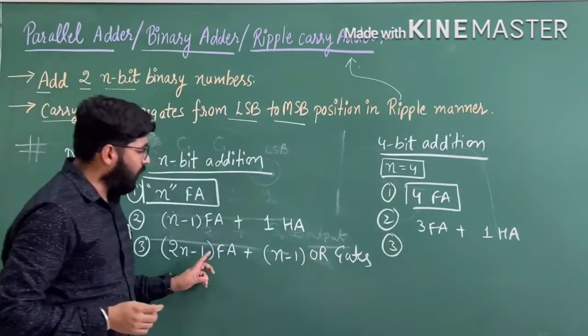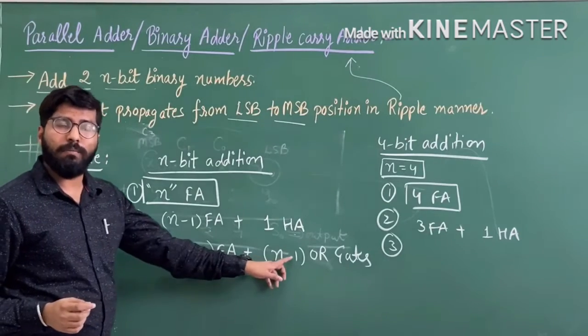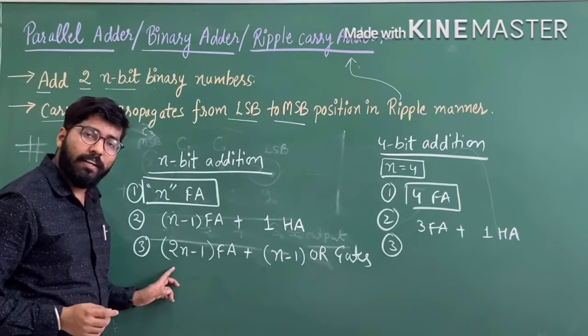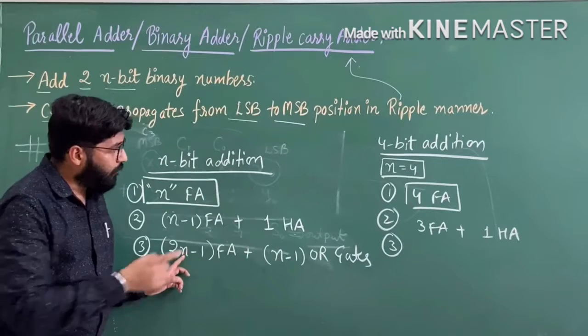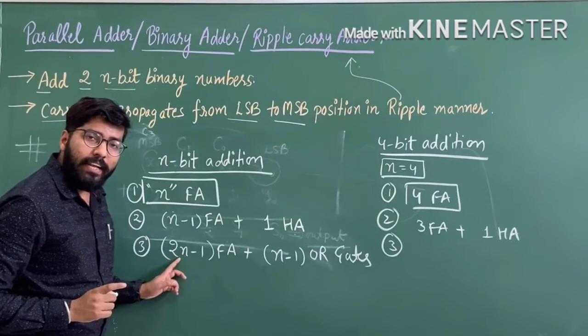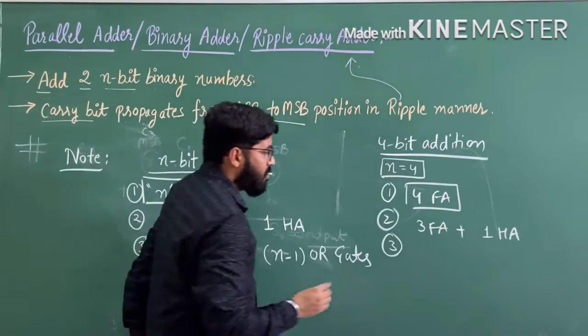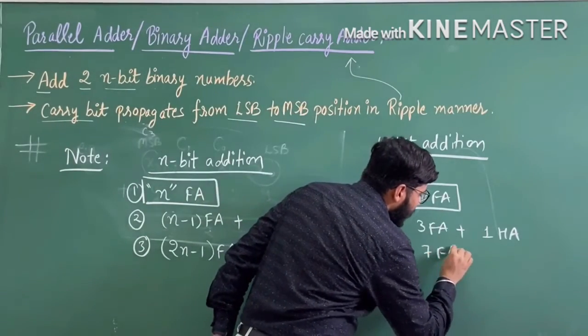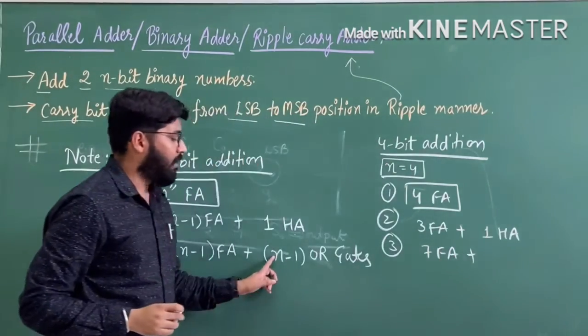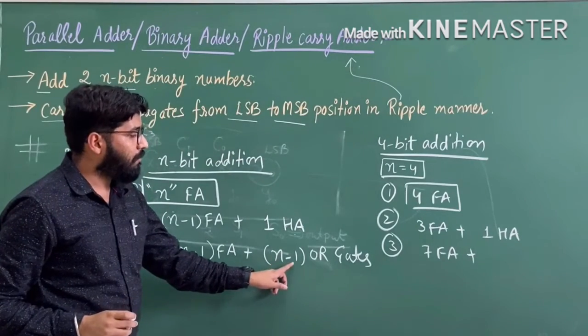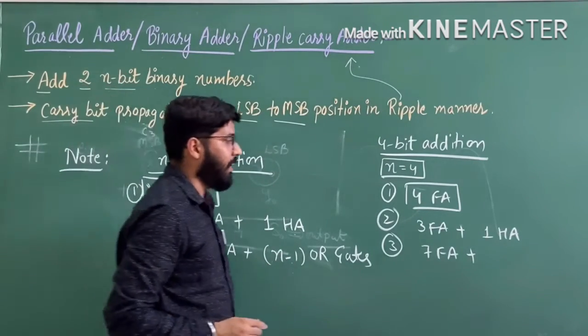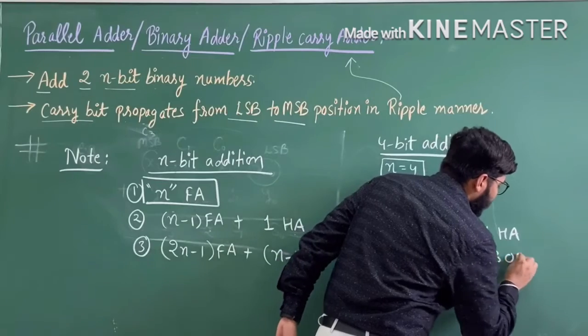Now you have to calculate the full adder and OR gate combination. You have to use this formula, 2n minus 1. The value of n is 4. You have to put n here. 2 into 4 is 8, 8 minus 1 is 7. So 7 full adders plus n minus 1; n minus 1 means 4 minus 1, which is 3. So 3 OR gates.